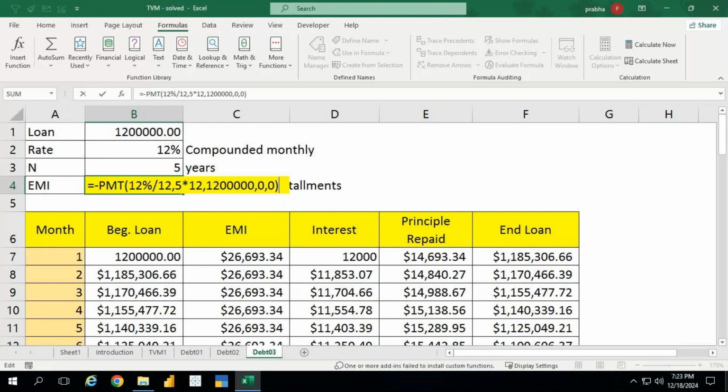Okay, are you able to solve this? Any doubts? If you did not understand, I'll show you how the calculation is done.